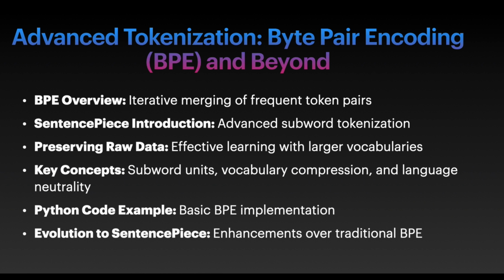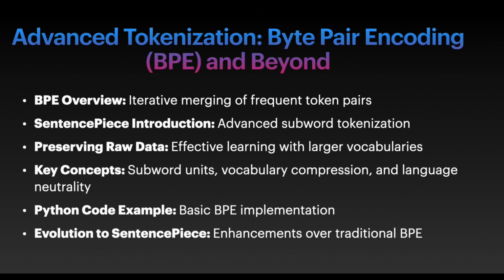The evolution of BPE has given rise to SentencePiece, a more sophisticated tokenization method that introduces subword units. Unlike BPE, which relies on a predefined vocabulary, SentencePiece operates directly on raw text, allowing it to preserve more information and adapt to a wider range of languages and vocabularies.